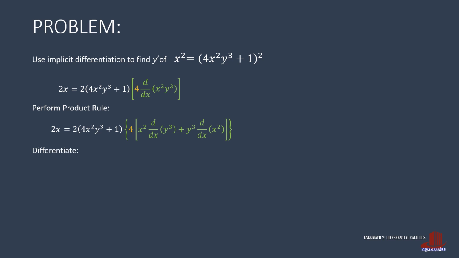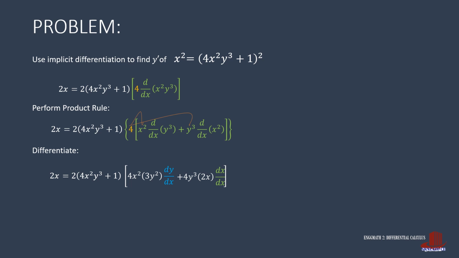So we further differentiate and have 2x equals 2 times the binomial, with 4 times x squared with the derivative of y cubed, which is 3y squared with dy over dx. Also distribute 4 to the other term and have with it y cubed with 2x, which is the derivative of x squared.